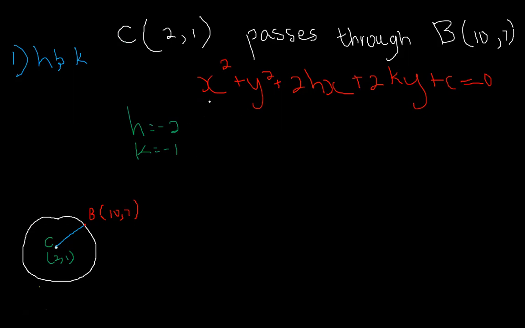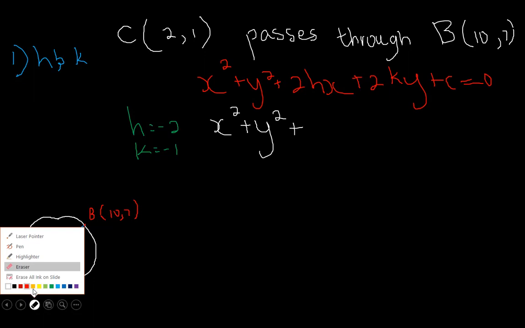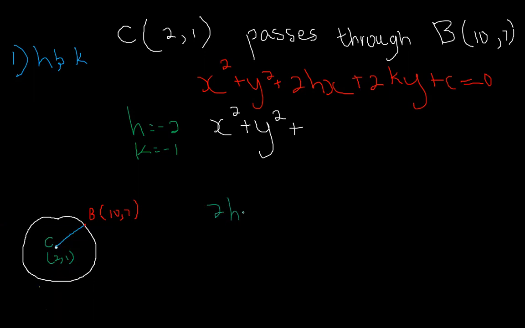Since looking at this form, this is the general form, we know that H is -2. So what we could do here, it would always be x squared plus y squared, plus 2HX. Let me erase that. 2HX is the same as 2 times H times X. And we already know the value of H. Yes or no?